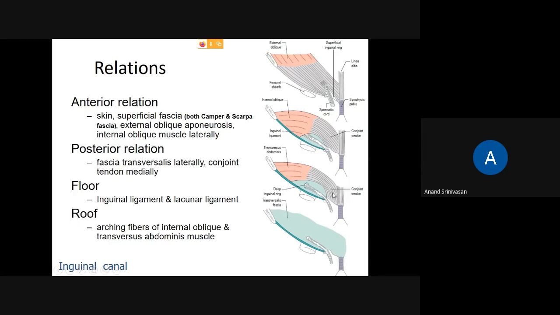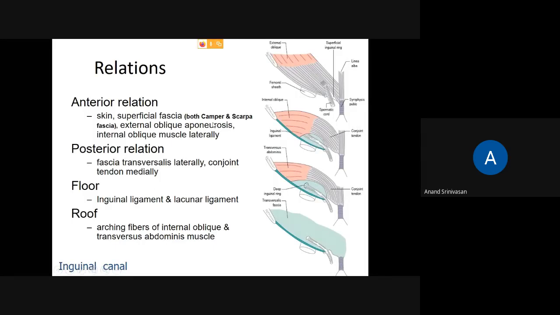Here you can see the conjoint tendon, which is the union of the internal oblique and transverse abdominis muscle. So these are the anterior and posterior relations, roof and floor of the inguinal canal.